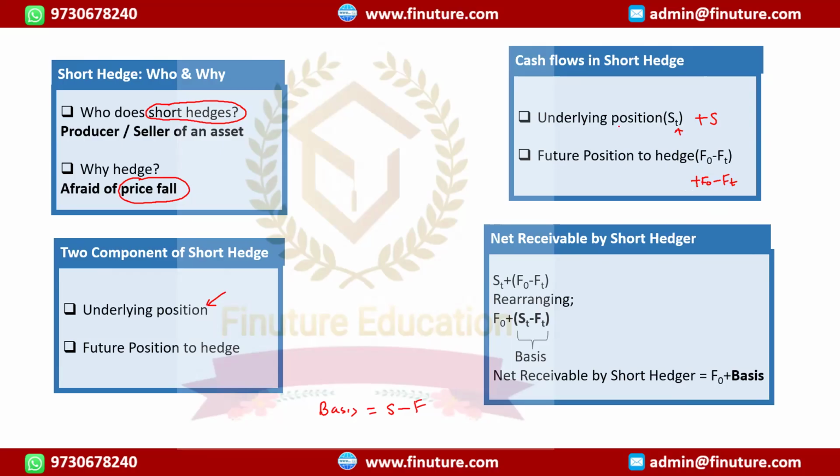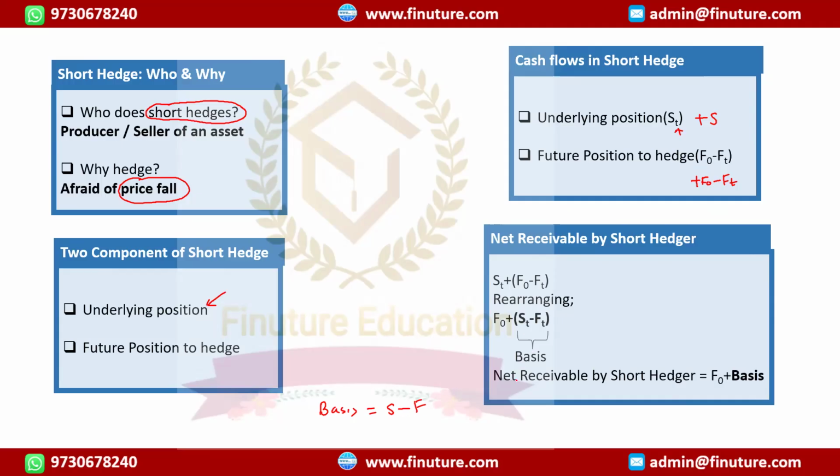So if I were to summarize what the total cash flows for short hedge positions are, it is one, S_T, that you will get by selling, delivering the actual commodity, and F0 minus F_T, which is actually closing out the futures hedge position. Now, if I rearrange this, if I bring F0 at the beginning, and keep S_T minus F_T, this is actually the basis, as we initially suggested.